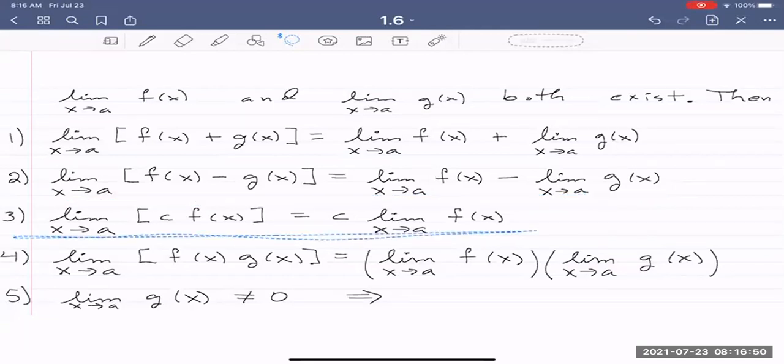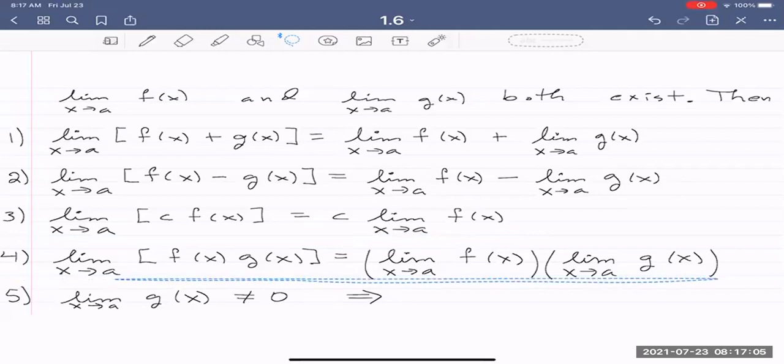Next, the limit as x approaches a of the quantity c times f of x is equal to c times the limit as x approaches a of f of x. 4. The limit as x approaches a of the quantity f of x times g of x is equal to the limit as x approaches a of f of x times the limit as x approaches a of g of x.